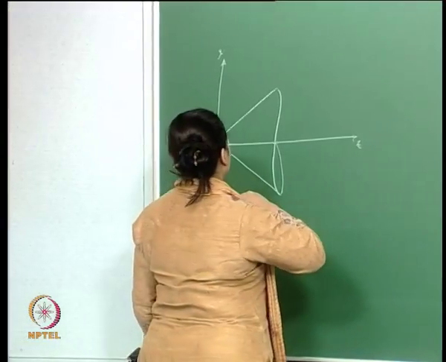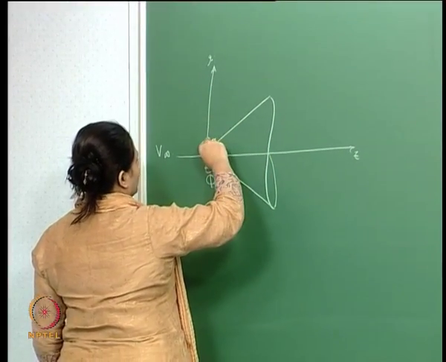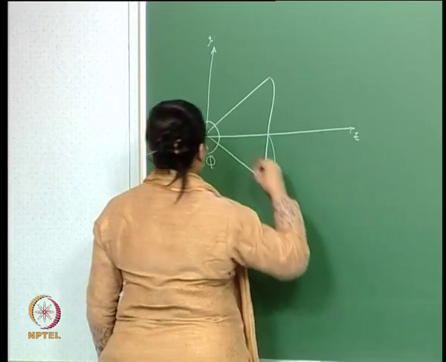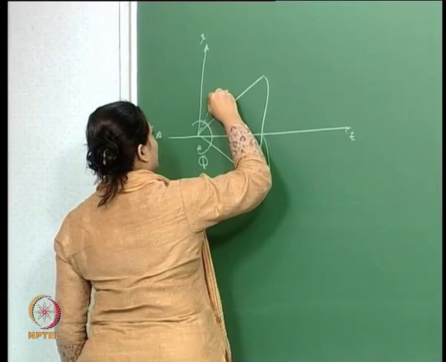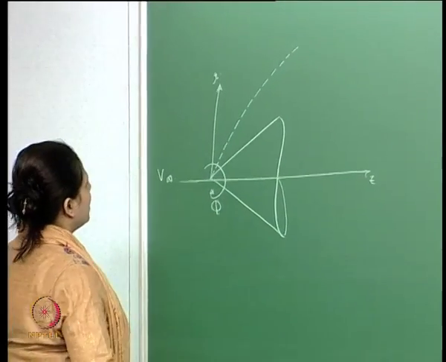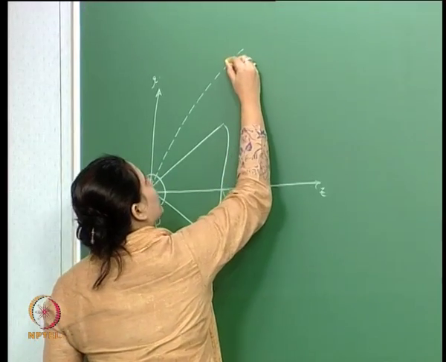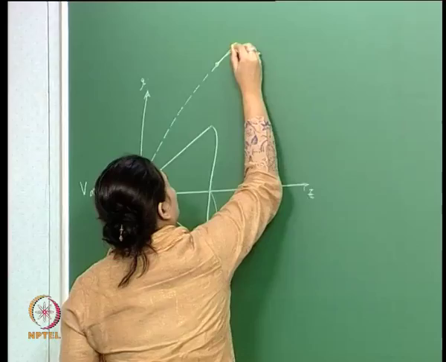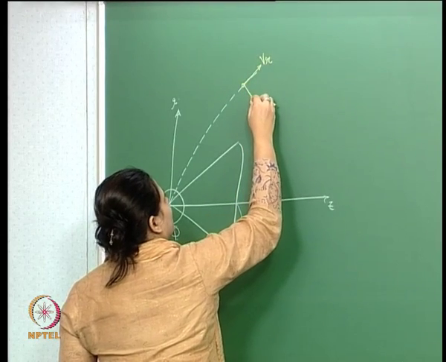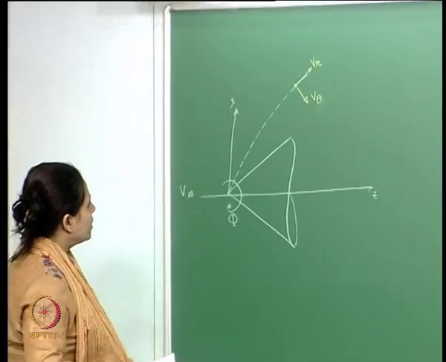In this particular case, we will have a shock structure somewhere. We have a shock here. Now, let me just take a radial line. So, this is a radial line. What sort of velocities are we looking at here? What we are looking at here is the radial velocity.